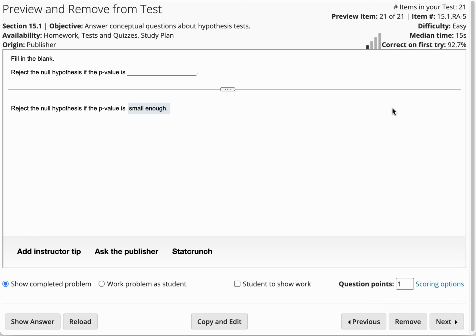They'll change a p-value. So what you need to take out of this video is, I hope you get the big idea. You will not get exactly these problems in exam 3, but you will get problems very similar to this in exam 3.